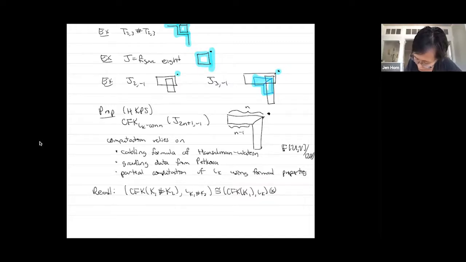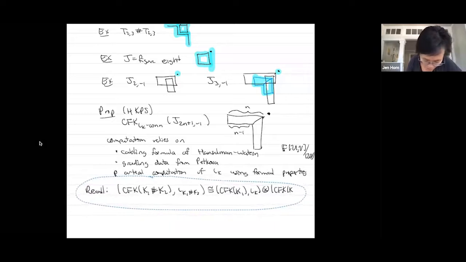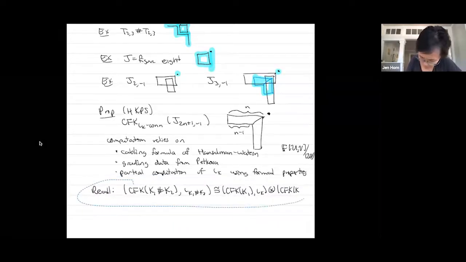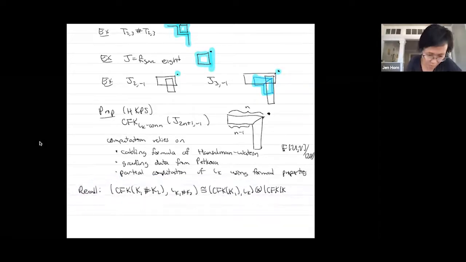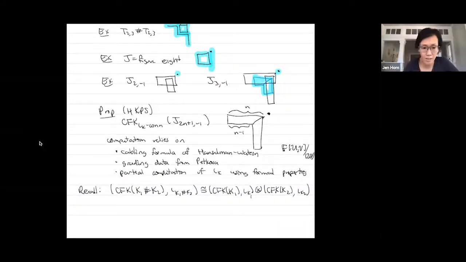It's a little bit cheating because I haven't told you how to tensor iota_K, but the point is that if you define this tensor product in a suitable way, then what I'm writing here is true. So maybe this tensor product has to be suitably interpreted.